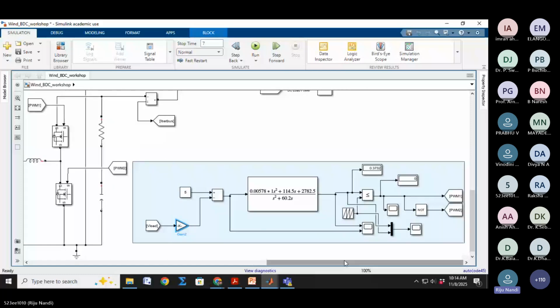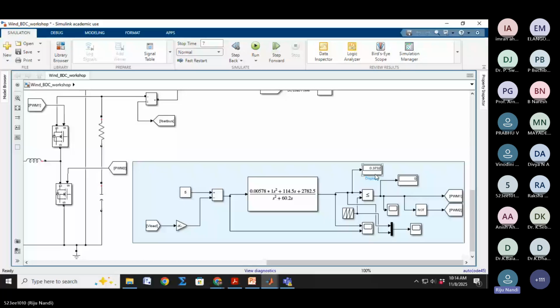That error you have to control. The control part is PID control. That PID control I have designed with 0.0578 and S plus 79.5, that I have already done. Then it will generate a duty ratio, 0.37, suppose 0.4, 0.5, anything.